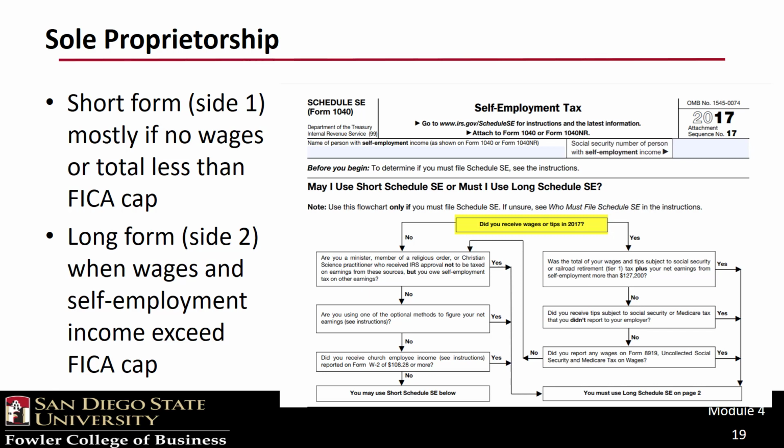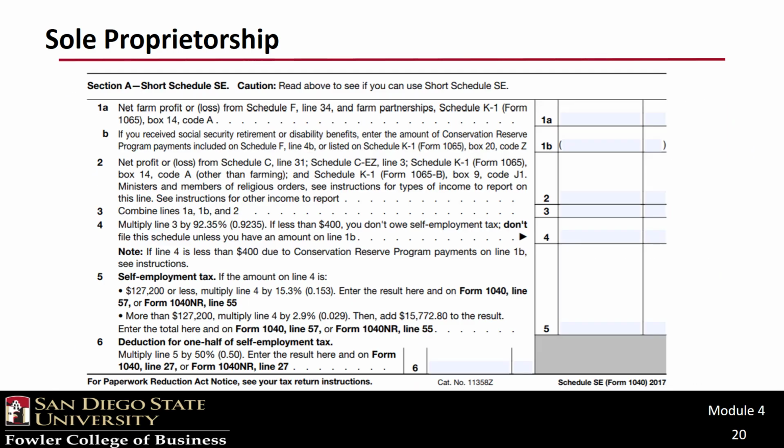You can follow the calculation of self-employment taxes on Schedule SE starting with line 2, where the amount from Schedule C is brought over and then totaled on line 3 with the 7.65% haircut applied on line 4. Line 5 computes the tax and deals with the FICA cap. And then line 6 provides the 1/2 of the tax to be deducted on Form 1040 like we talked about earlier.